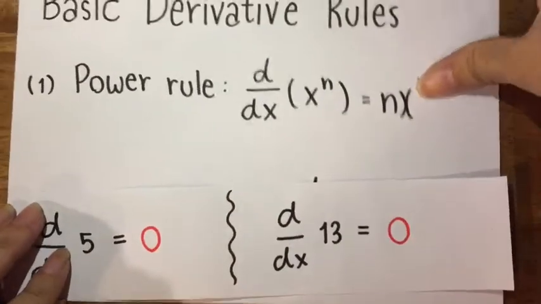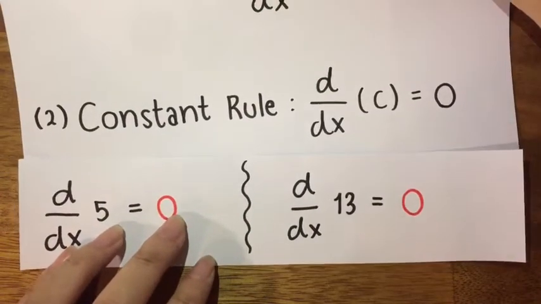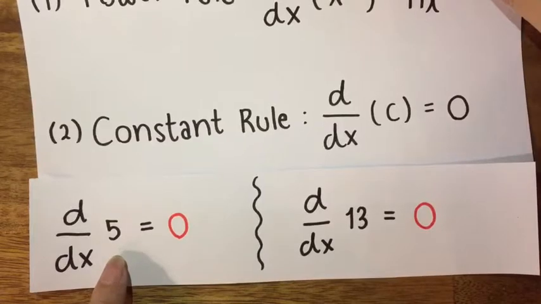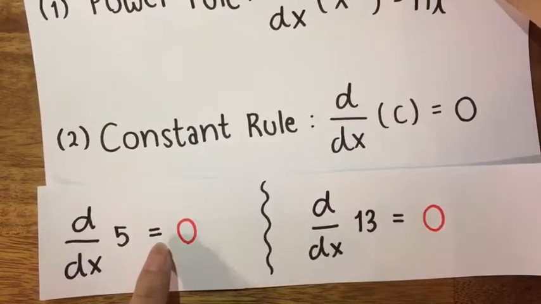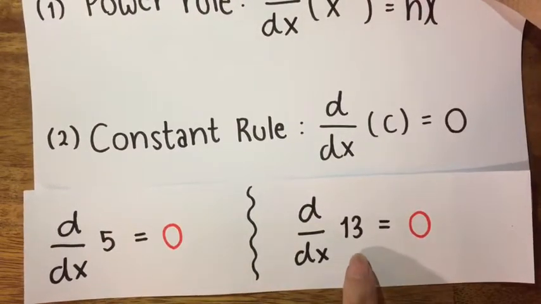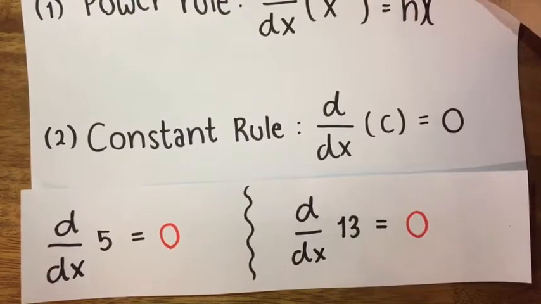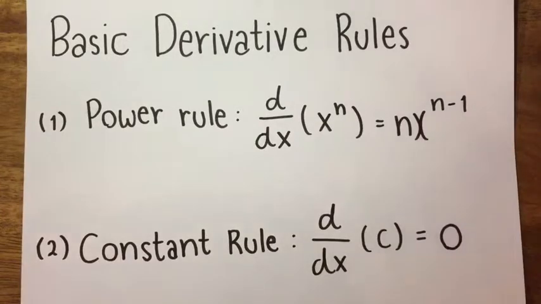So, if you want to derive 5, it's a constant, it doesn't have any variable, it will be equal to 0. The same with deriving 13, it's a constant, so you get 0. And those are the two basic rules that you need to know before doing chain rule.